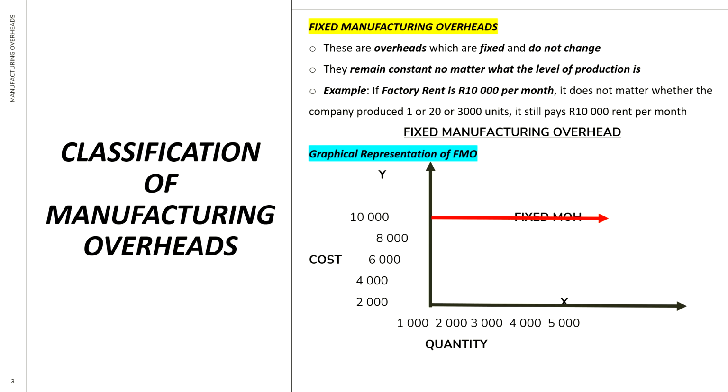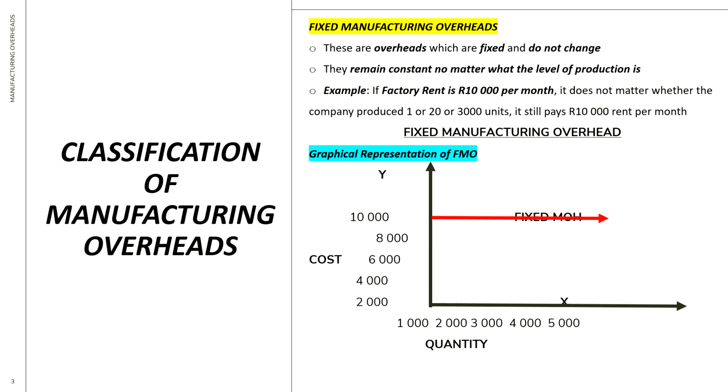They stay the same. Okay, for instance, in a factory, insurance, factory insurance, the company pays the same amount every month. If it's 10,000, it's 10,000 every month. It doesn't change whether we produce 1 unit or we produce 2 million units.